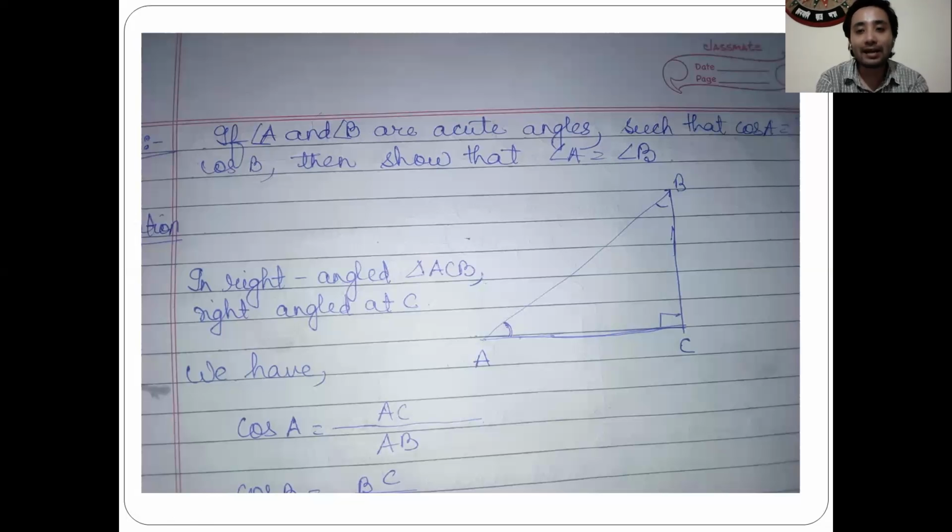The reason behind this is, first of all, we must know what is cos of an angle. Cos of the angle of inclination, as we have already seen yesterday, is base by hypotenuse, correct? But whenever we are putting the sides, we have to make sure from which angle we are viewing. So when I say cos of angle A, what is the base here?